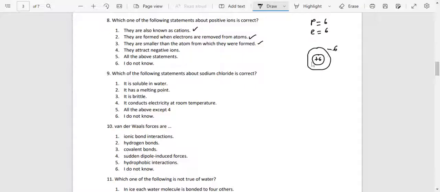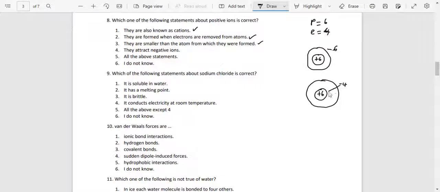So these are all balanced. Now if you lose electrons, for example you lose 2, you are going to remain with 4 of them. The proton number doesn't change. So in this case, the nucleus is still having a positive 6 charge, but the shells, the charge is now what? Negative 4.